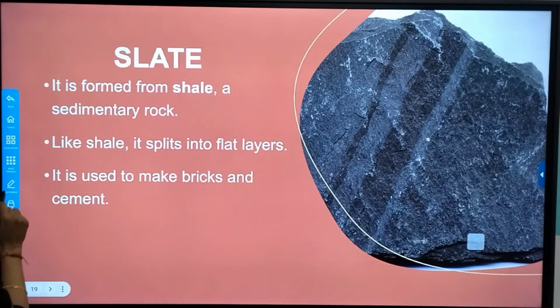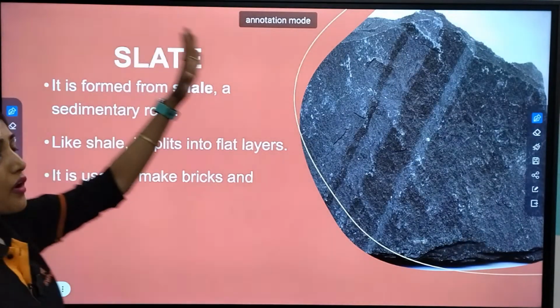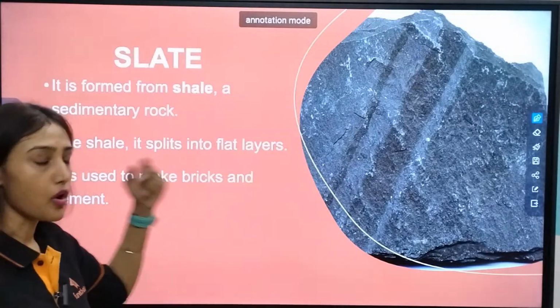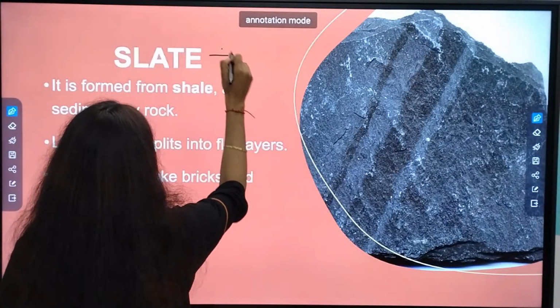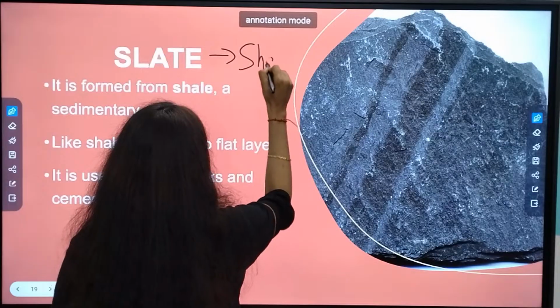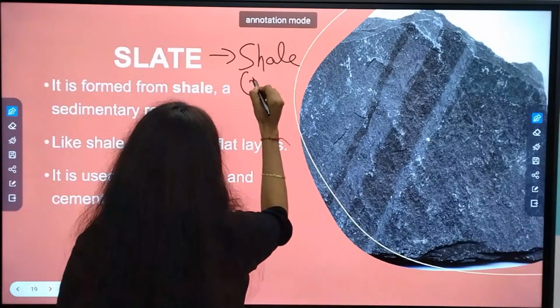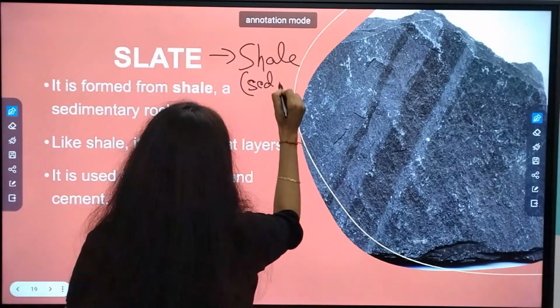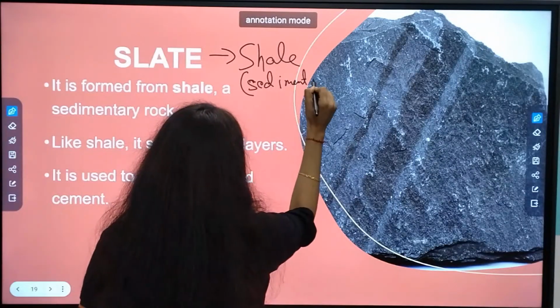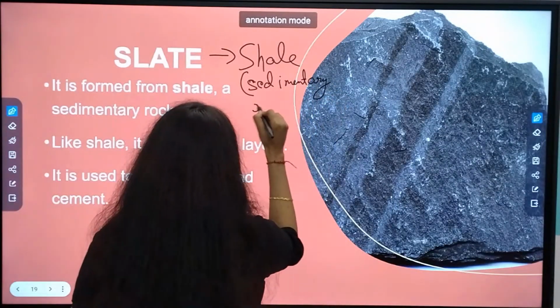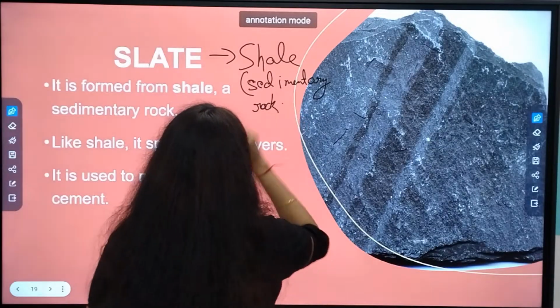Now slate. Again it is formed from some other rock. It is formed from shale. And what is shale? Shale is again a sedimentary rock. And what is shale made of?